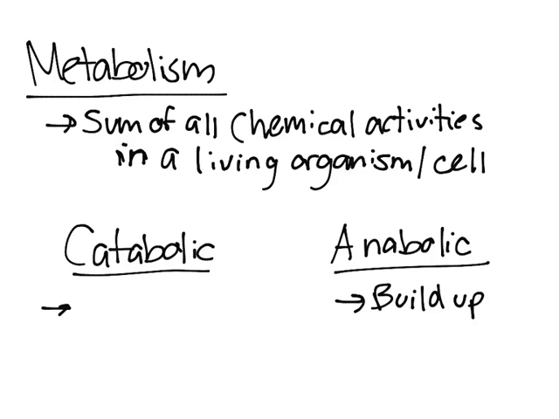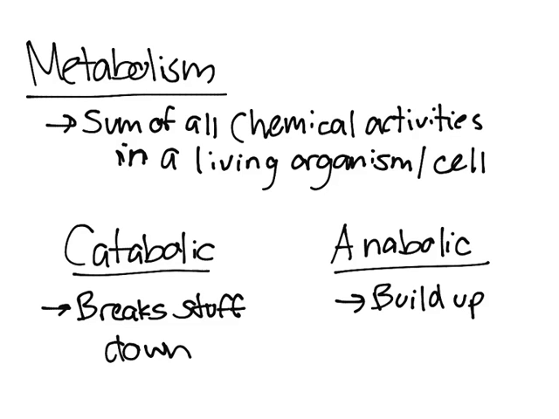And then catabolic breaks stuff down, such as fats. Just think about anabolic steroids, like bodybuilders, they're trying to build up, get bigger. Anabolic reactions make things bigger. Catabolic breaks things down.